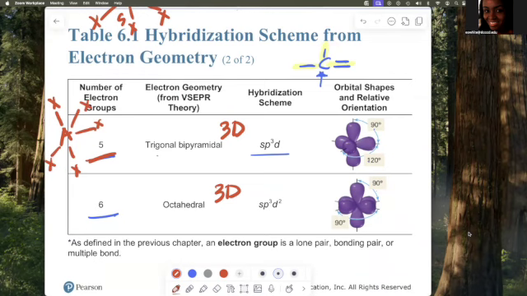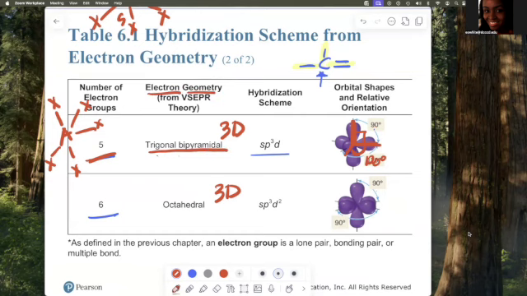The bond angle between the axial and equatorial is 90. Between two equatorials, the bond angle is 120 degrees, okay? For the side-by-side groups, and I've gone over that in the previous chapter. As far as the arrangement of the groups, that will be trigonal bipyramidal in electron geometry.